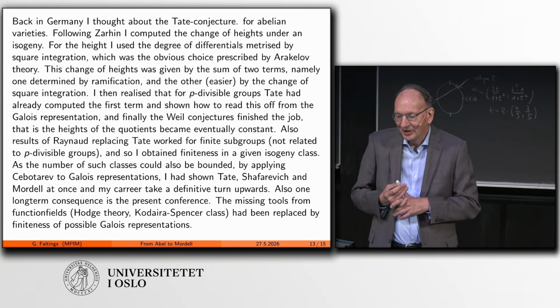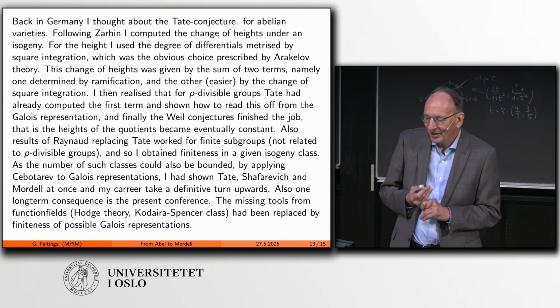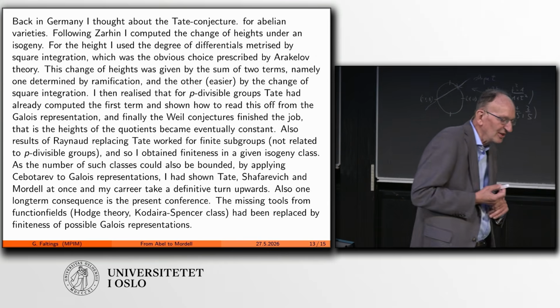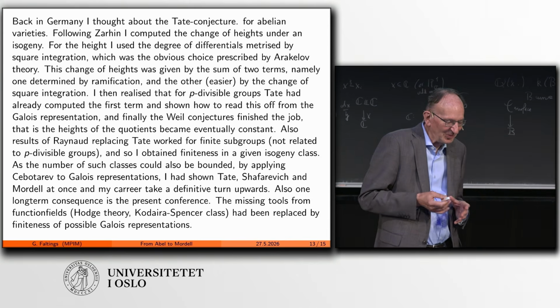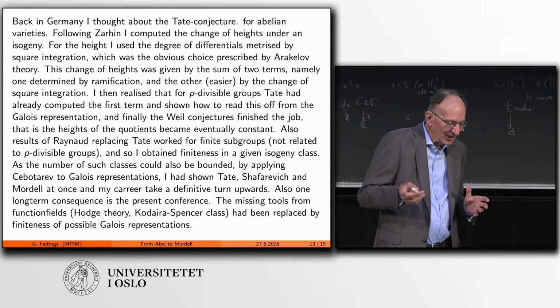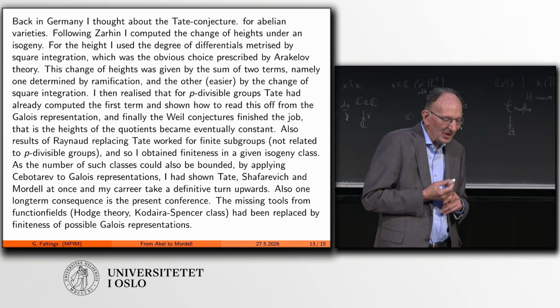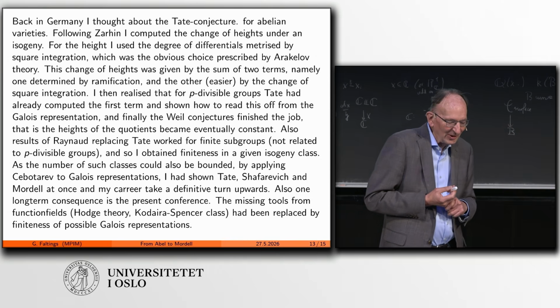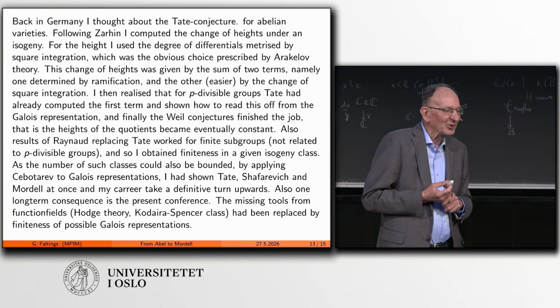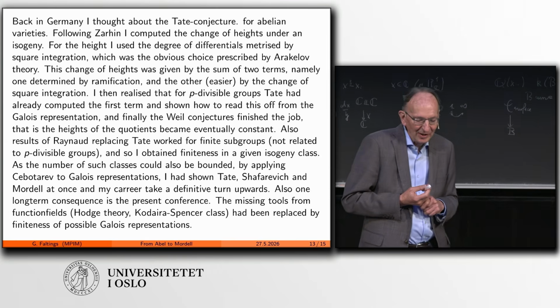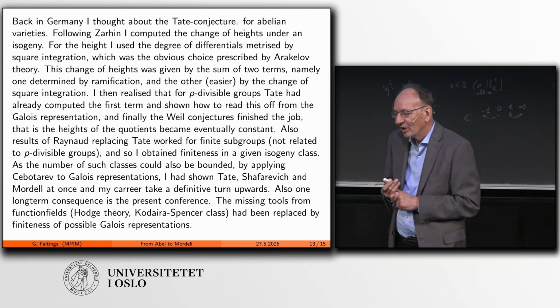Well, and then back in Germany, I thought about the Tate conjecture. And as I said, it means essentially you take an abelian variety, you divide by the steps of a p-divisible subgroup, and you want to prove that many of the quotients are isomorphic.